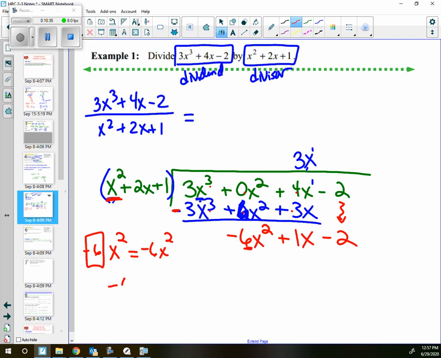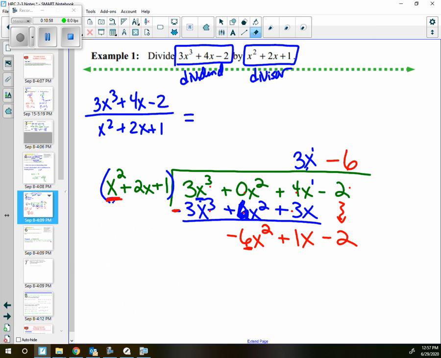Or remember the other way to think of it, just divide. Negative 6x squared divided by x squared, and just reduce that fraction. Sometimes that's easier for people just to figure out that negative 6. So what I need to multiply by is a negative 6. Notice negative 6 is a constant, so it should go above the constant in your dividend. All right, so we're going to multiply everything in this divisor by negative 6.